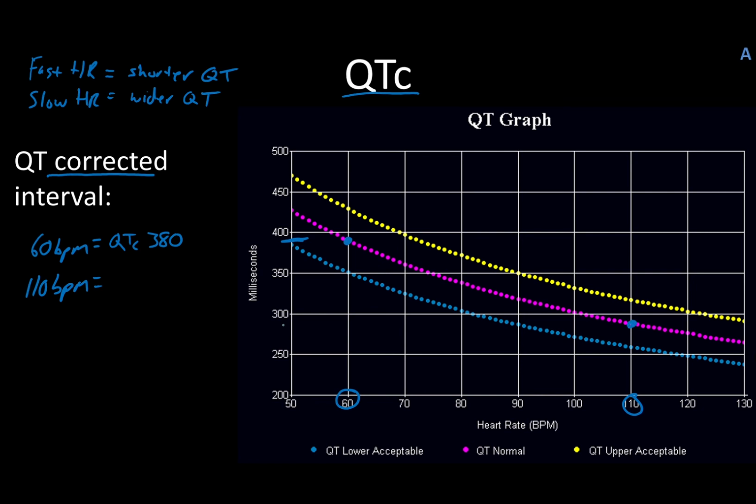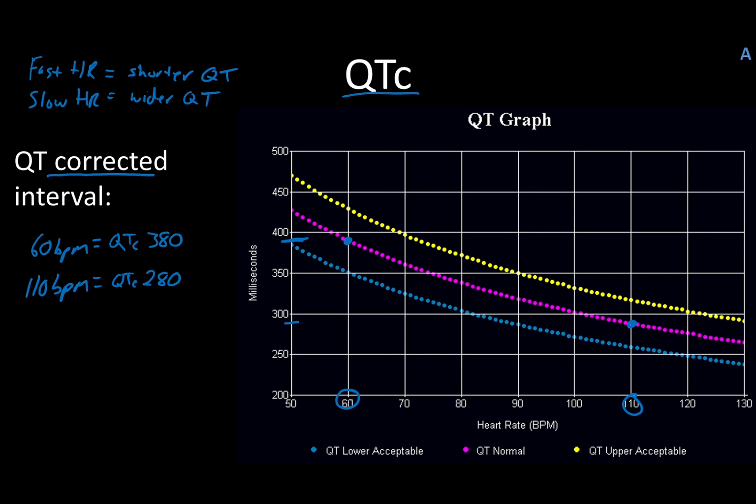So if we follow along, has a QTC of 280. And that's how you can compare those two things together. So if I measure one that's 380, that's maybe a little bit long. Well, no, in reality it's not. That's been corrected for the speed that they have.